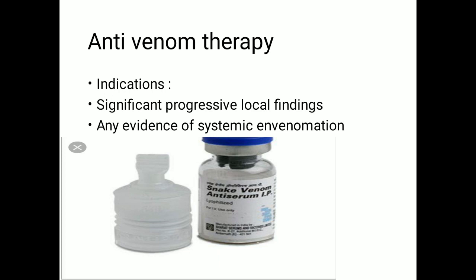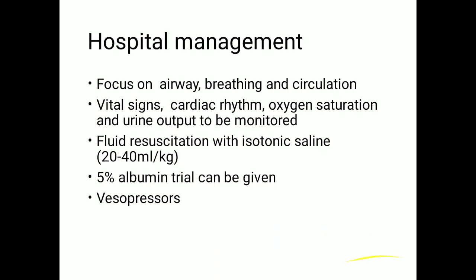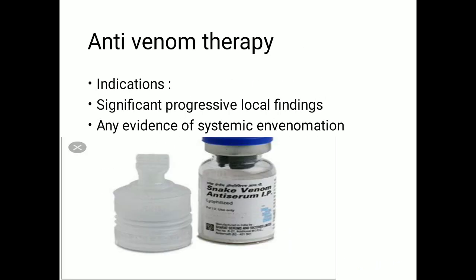Usually we use 500 ml of NS. This is one vial. Depending upon the type or the severity of the snake bite, we give 4 to 6 vials or more than 6 vials in snake bite patients.